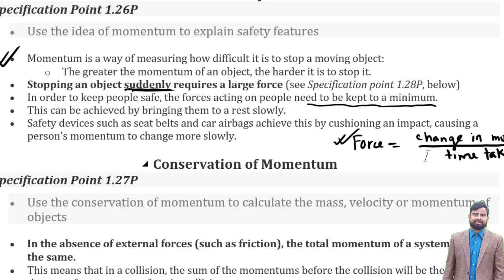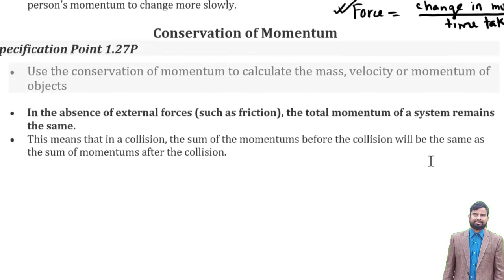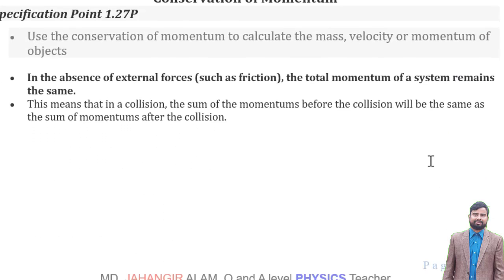Now next topic, conservation of momentum. Specification point 1.27p: use the conservation of momentum to calculate mass, velocity or momentum of objects.